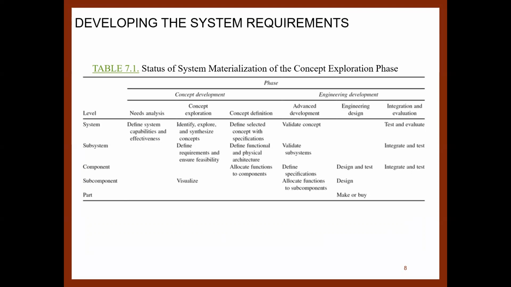At the subsystem level, we are going to define requirements and ensure feasibility. And at the subcomponent level, we are going to start visualizing what technology we will need in order to develop this concept. So here's where we are.